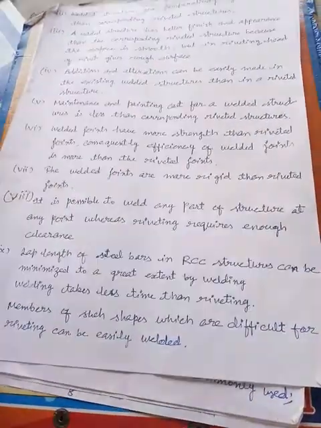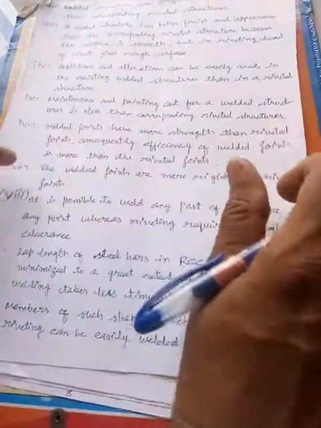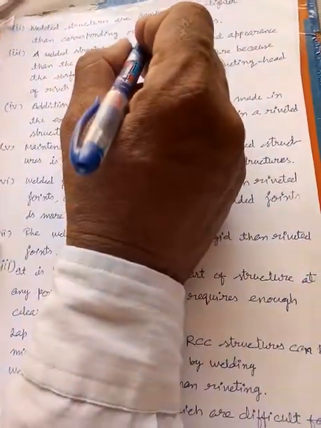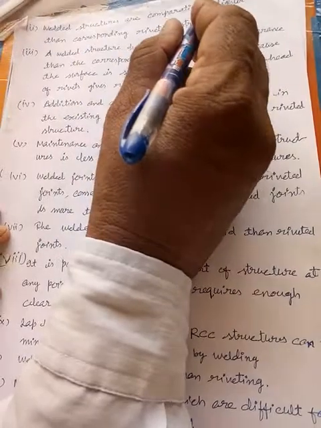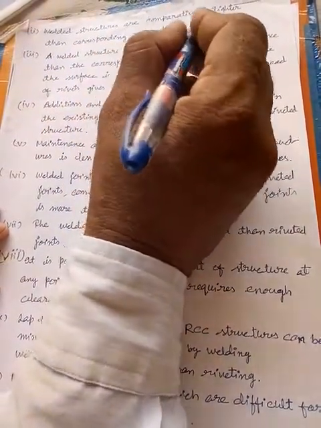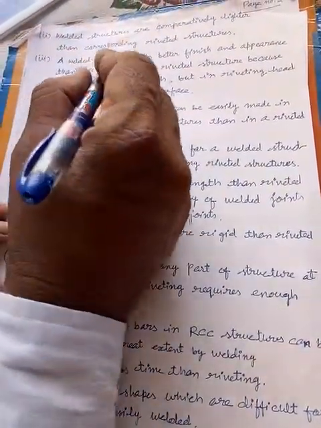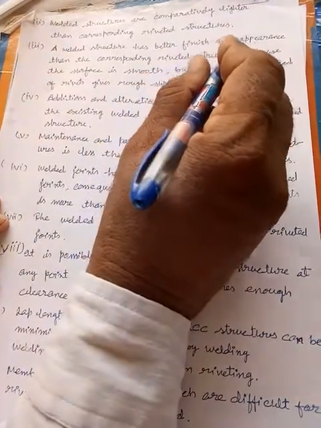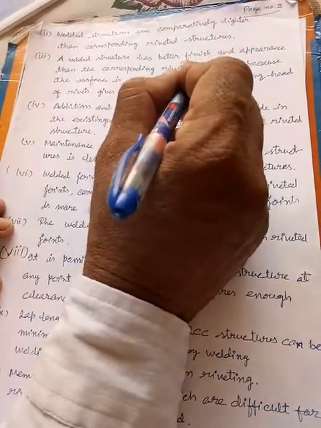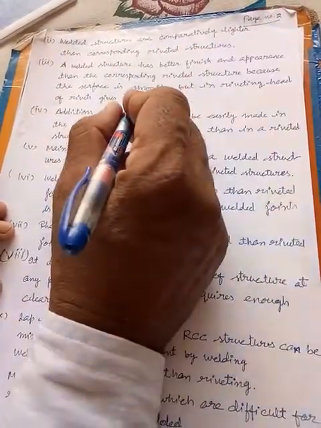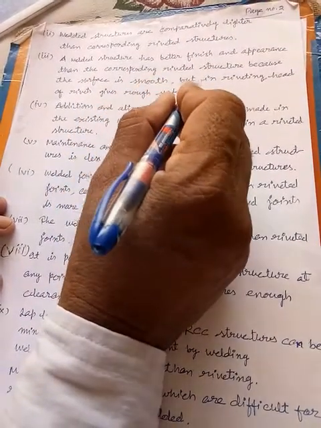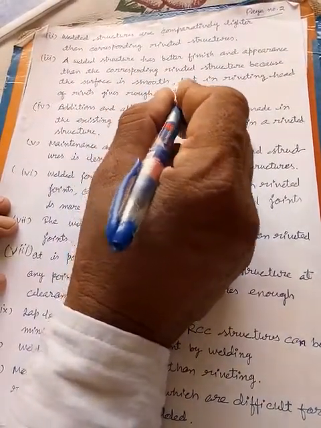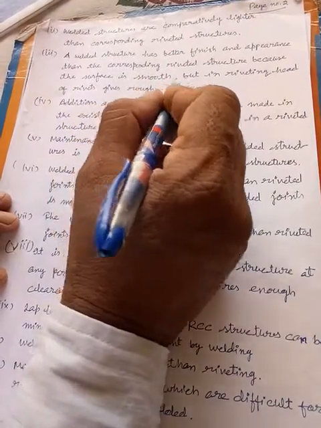So then second point, welded structures are comparatively lighter than corresponding riveted structures. Third point, a welded structure has better finish and appearance than the corresponding riveted structure because the surface is smooth, but in the riveting head of the rivet gives rough surface.